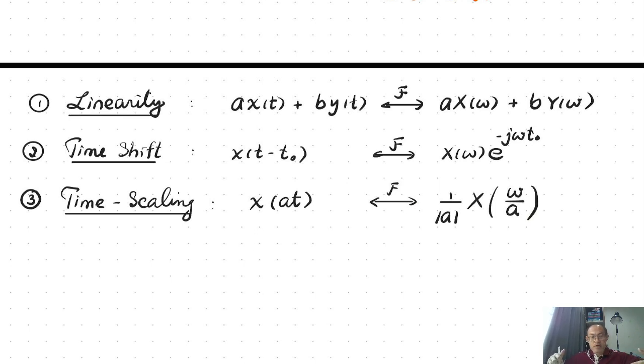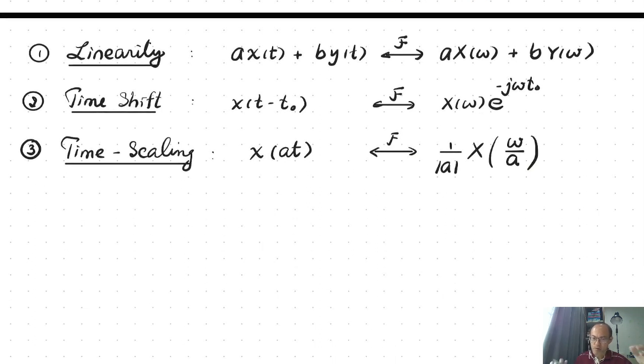They go inversely proportional to each other, right? They go against each other. If one domain is expanding, then the other domain will be shrinking, and vice versa. So that is time scaling, where a is not equal to 0, of course.